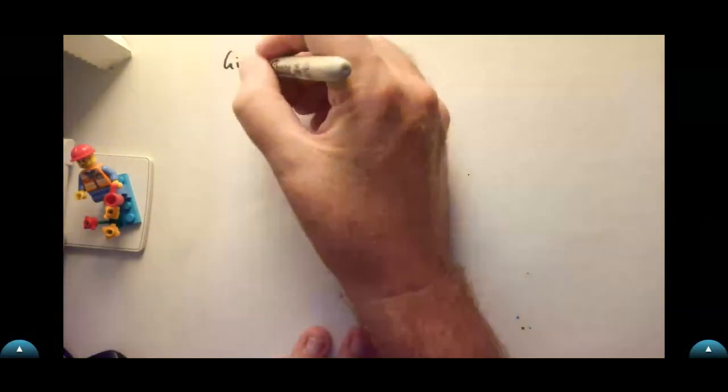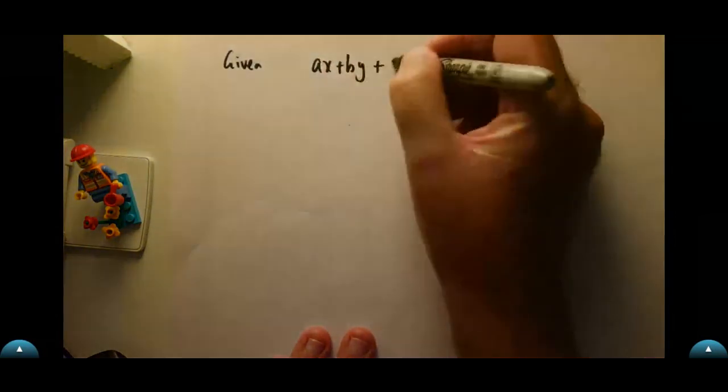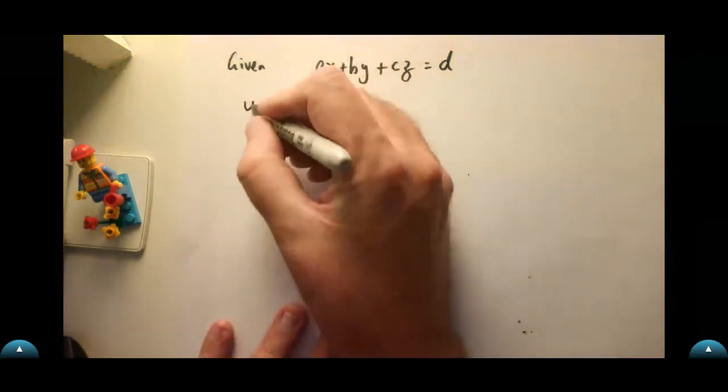So if you're given something like this, and you're given one vector that's parallel to the plane.